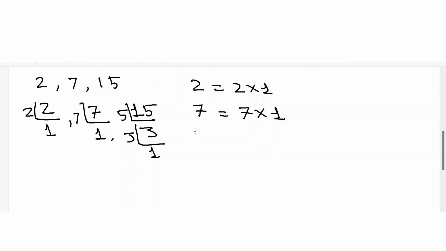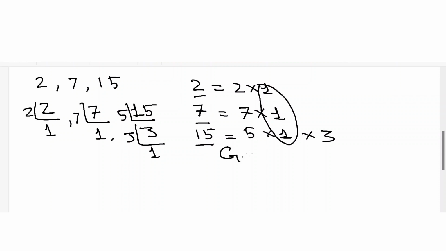And number 15 equals 5 times 1 times 3. So the common factor present in these 3 rows is 1. Therefore, GCF of 2, 7 and 15 is 1.